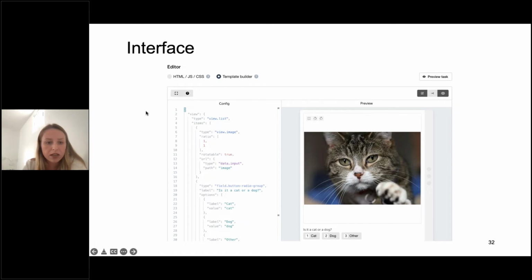This screenshot is taken from Toloka. We have an alternative to HTML, JS, and CSS, which is called Template Builder. You can see an example of Template Builder set up here. It is basically a JSON style format with some predefined JSON containers that you could use to build interfaces.